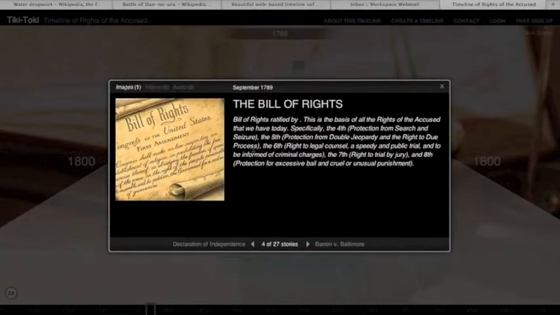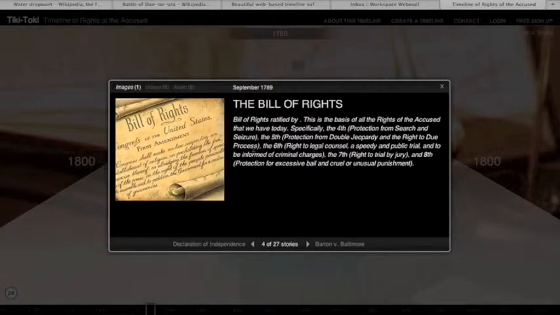But anyways, this is the basis of all the rights of the accused you have today, specifically the Fourth, Fifth, Sixth, Seventh, and Eighth Amendments. There's a whole list of rights here. We'll go into some of these more later, but they include protection from search and seizure, protection from double jeopardy, the right to due process, the right to legal counsel, a speedy public trial, the right to trial by jury, and protection from excessive bail and cruel or unusual punishment, etc.